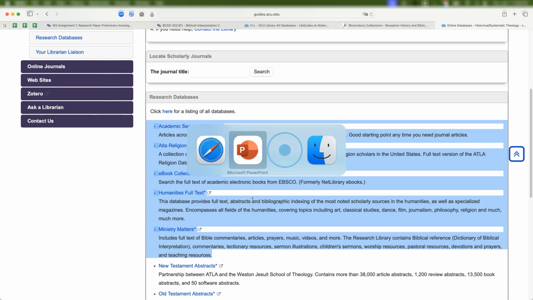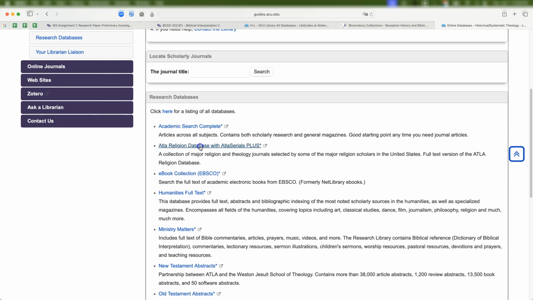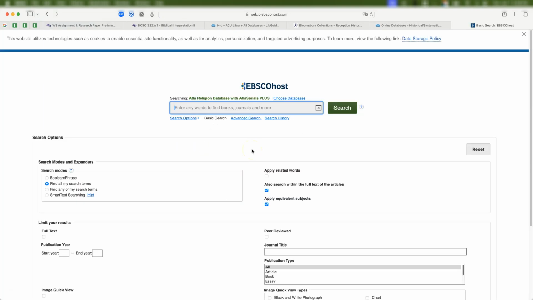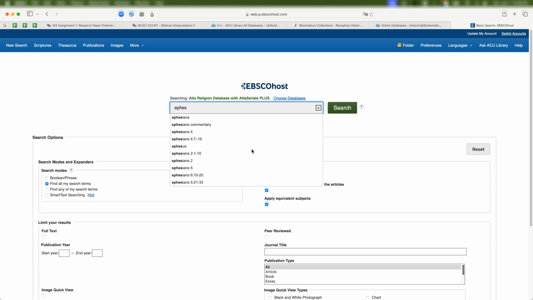And that's where our recommended resource, ATLA, comes in. ATLA is a wonderful database to let you jump past a lot of the filtration that you would have to do if you were looking in OneSearch for this. So you can see as I started typing in, it's suggesting specific passages.